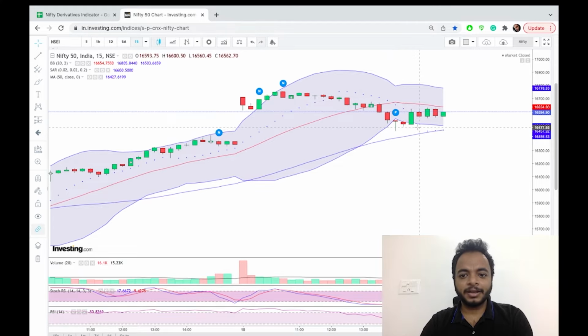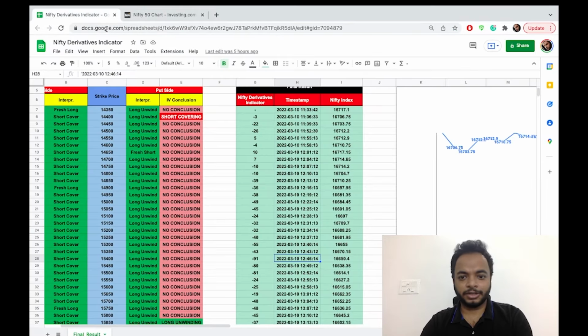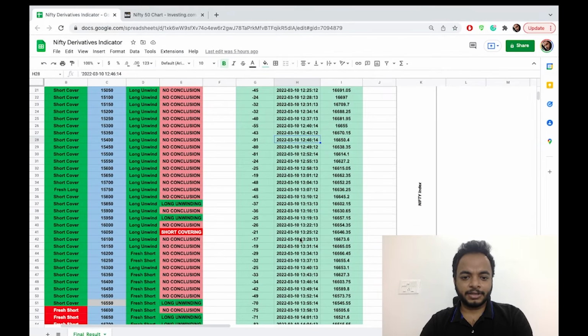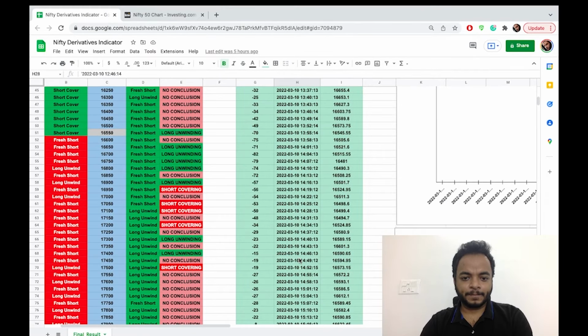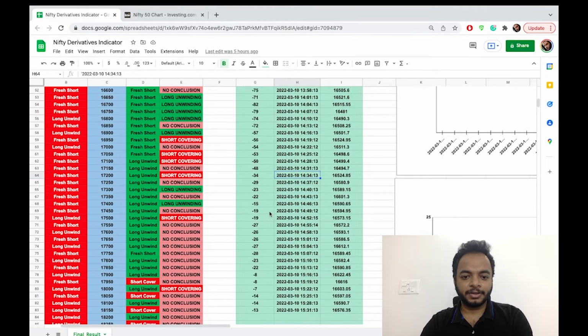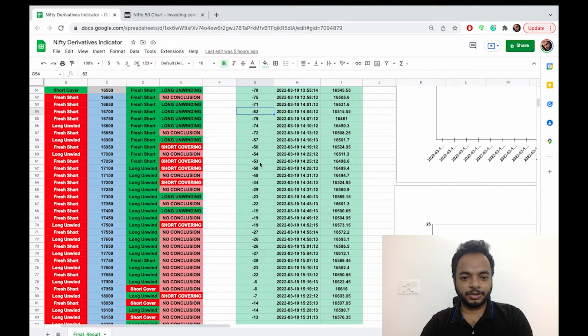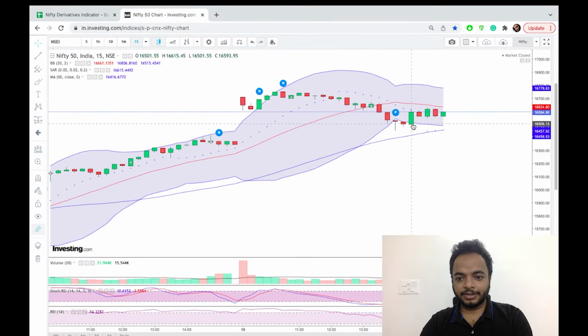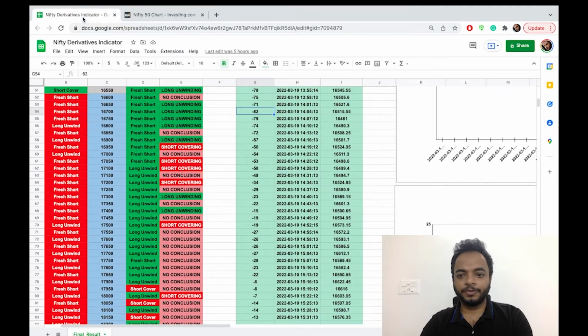Now let's look at the time frame around 2 to 2:15 or 2:30. At around 2:15, all of a sudden the scores started to increase, from that huge negative 82. Then at 12:30 this sharp up move came.